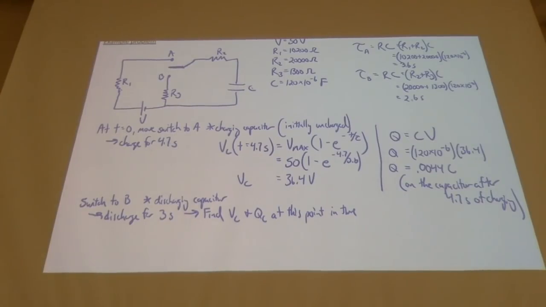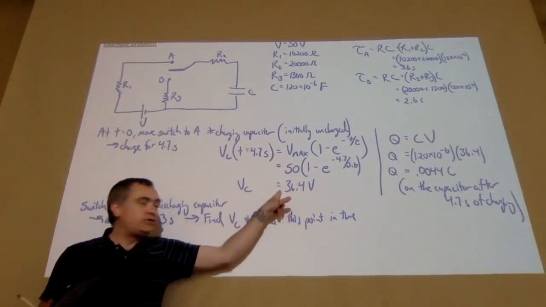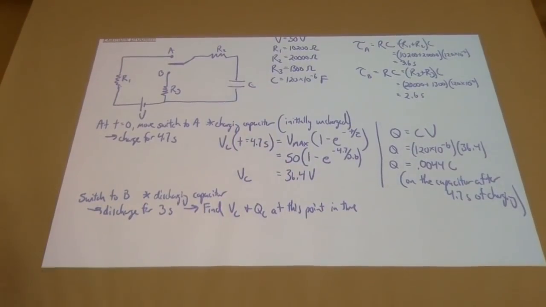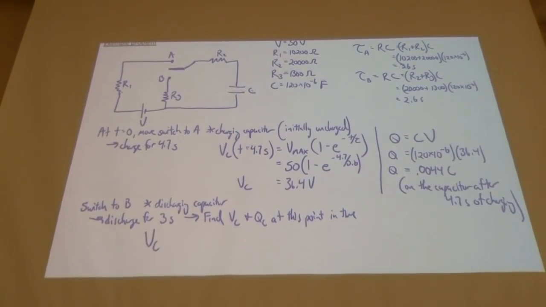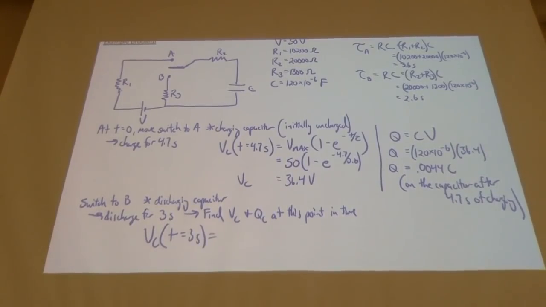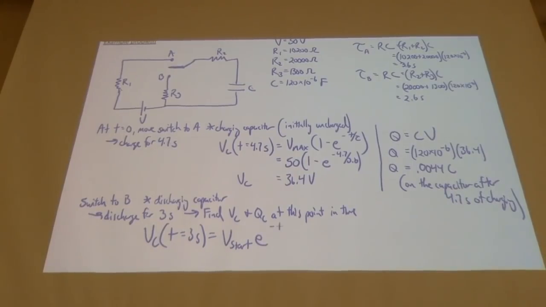So once we switch over to discharging for 3 seconds, this is going to be my starting voltage for that part, and it's going to start to run out. So we're going to say VC at t equals 3 seconds is V start times e to the minus t over tau.